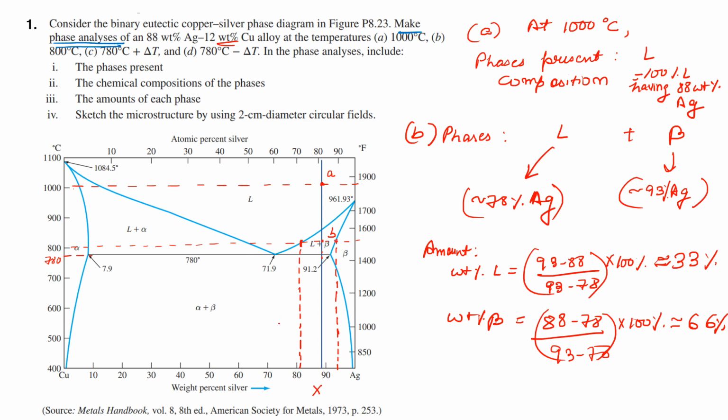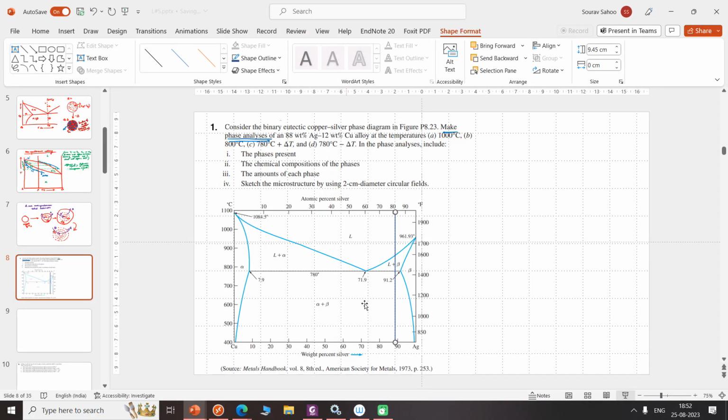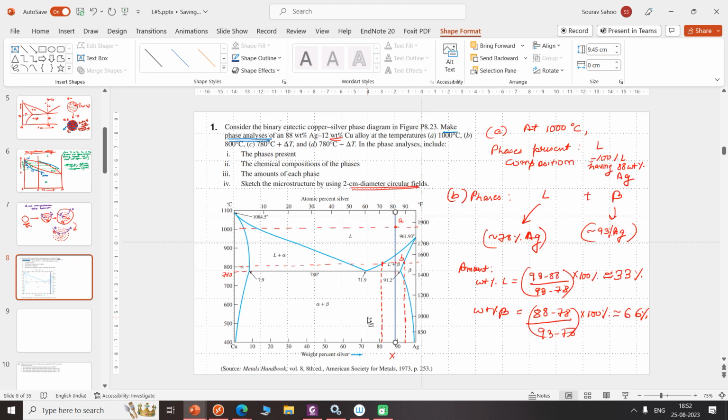Okay, so now we have also been asked to draw the microstructure using these phase fields. So for that, this ellipse again, or a bit smaller one.